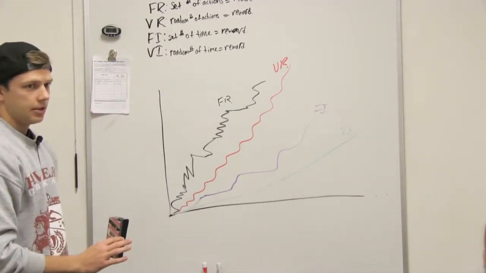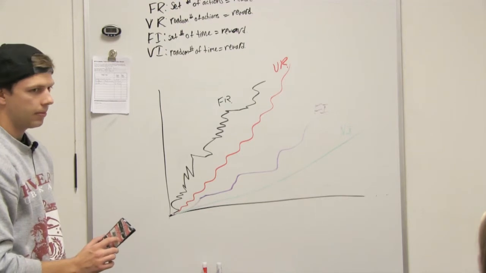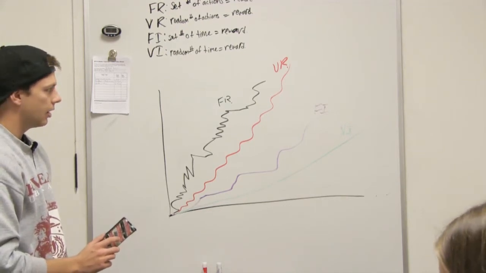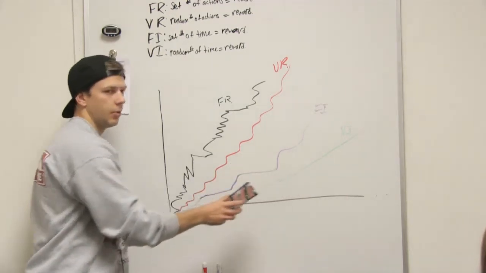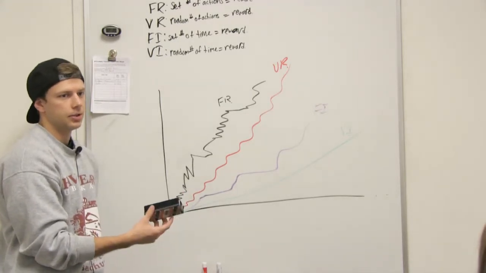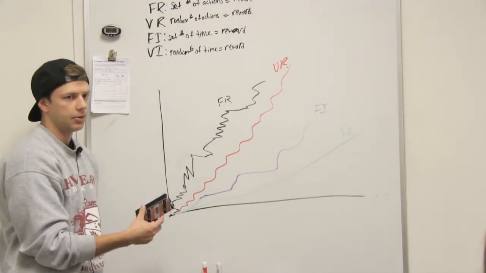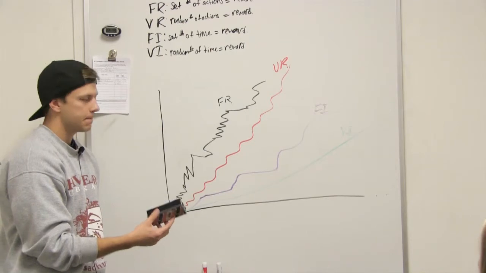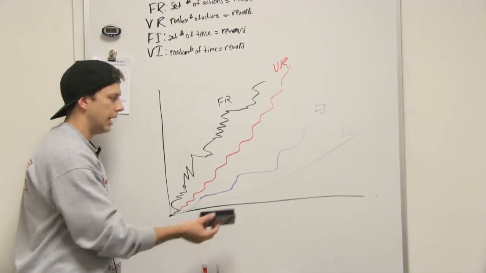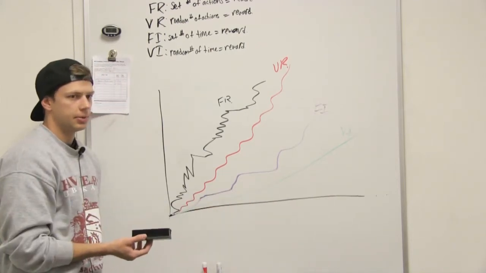The least effective are the interval schedules, because they don't really need a response; they get rewarded no matter what, they just wait for the time. Personally, I'd say variable interval is the worst one to use.